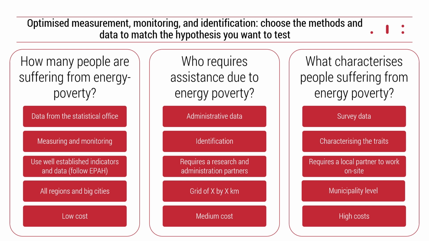But still, in order to identify those people, you should be able to answer the question, who are the people that require assistance because they are suffering from energy poverty? My advice from our experience would be to use the administrative data sets, because both the statistical office data and the survey data, which I am going to cover in a moment, are anonymous.